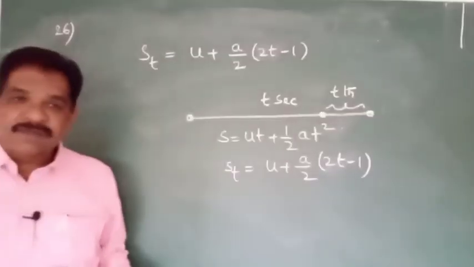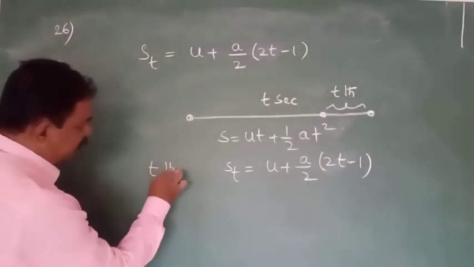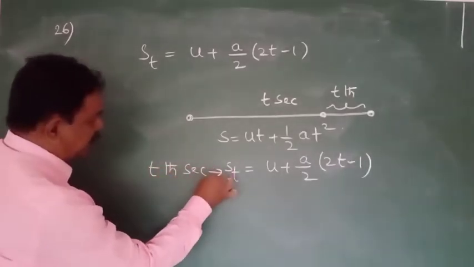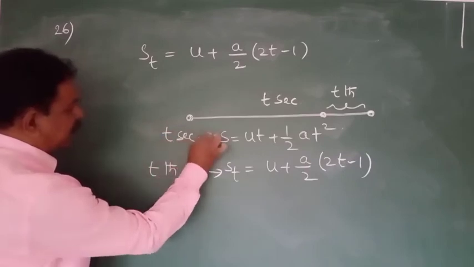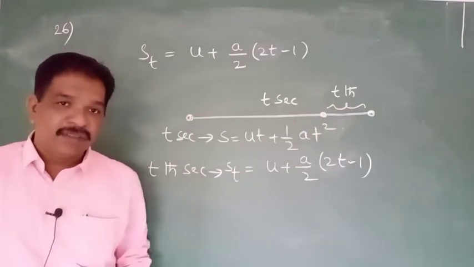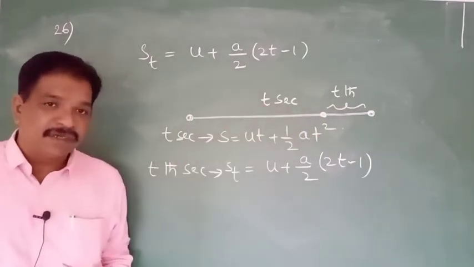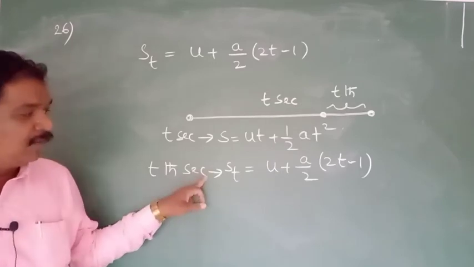So displacement of the body in the tth second and in t seconds will be different. T seconds means the total journey. Tth second means the last second of its journey. This is the formula for that.